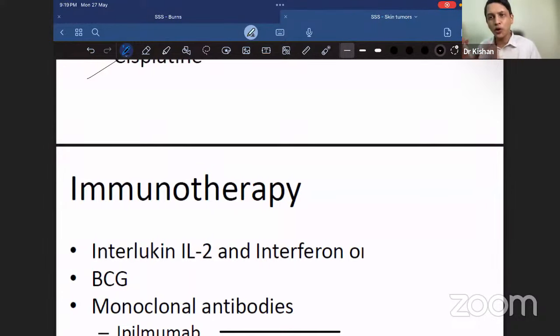So I'm giving my notes, these class PDFs, to you anyway, so just before the exam you go through them. If I keep telling the drug names here, it will take a lot of time. So I'll only tell you the most important points required for your exam, and important concepts I'll definitely elaborate. Is that okay?